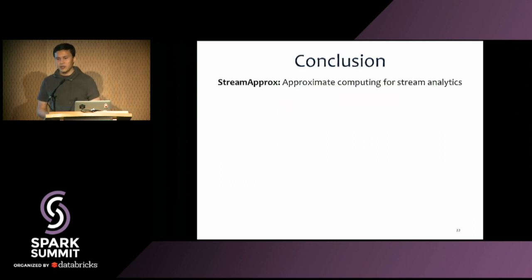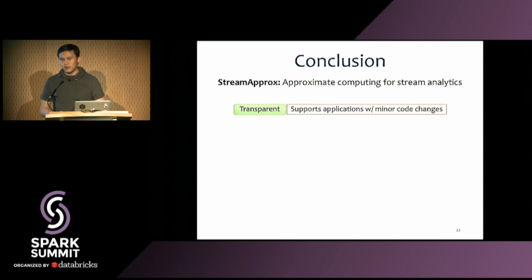Now, I would like to conclude my talk. In this work, we designed and implemented StreamApprox, an approximate stream processing system, and we achieved the following design goals. First, we achieved transparency, so the user can use our system by just changing one line of code, calling the sampling operator.